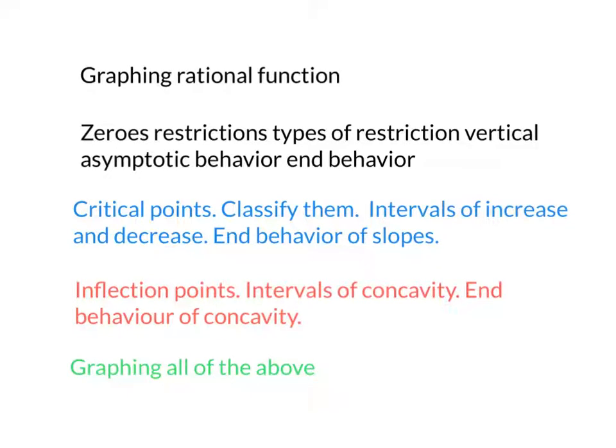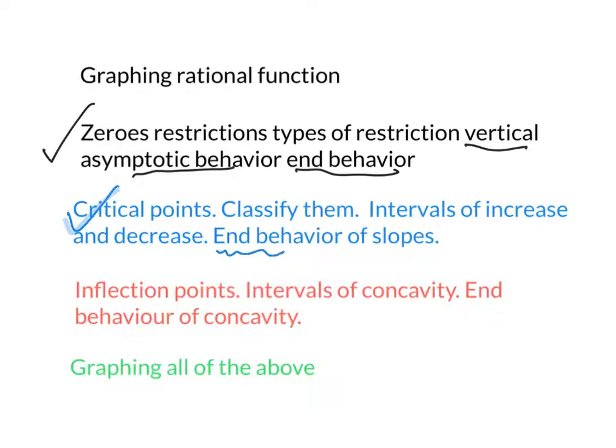So now we're going to start the calculus portion. What I just talked about was the restrictions and the asymptotic behaviors and end behaviors from advanced functions. This part is going to be the new calculus part, which we talked about in previous videos: critical points. So let's find the turning points and classify them, and determine where the graph is going up and down.